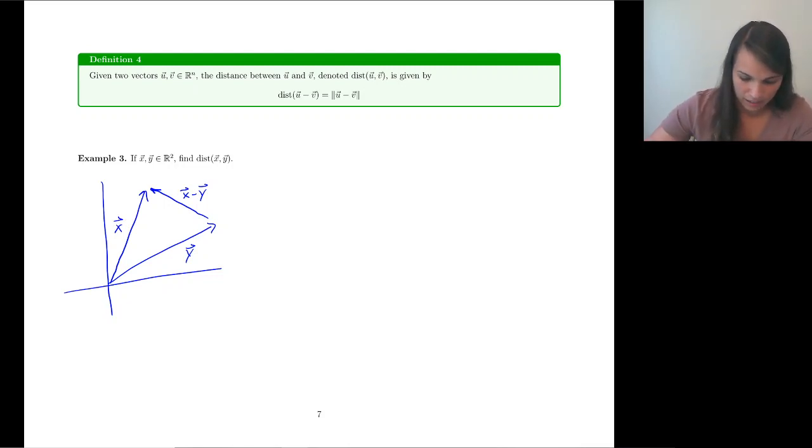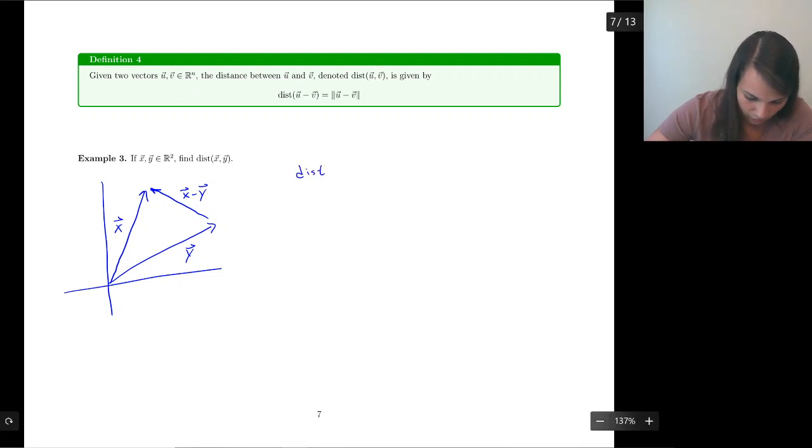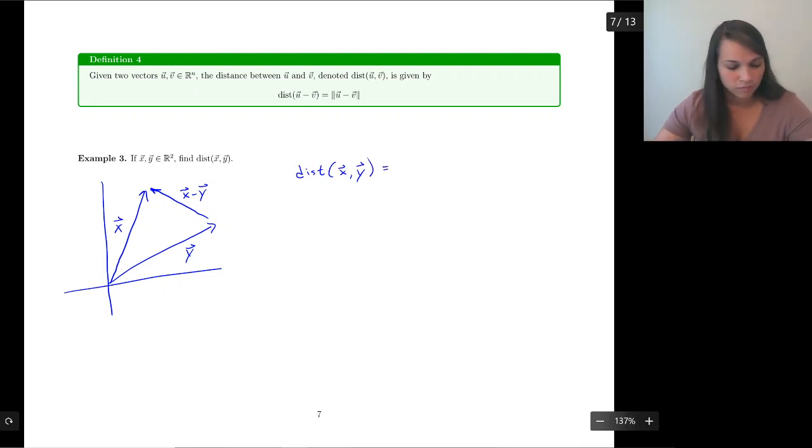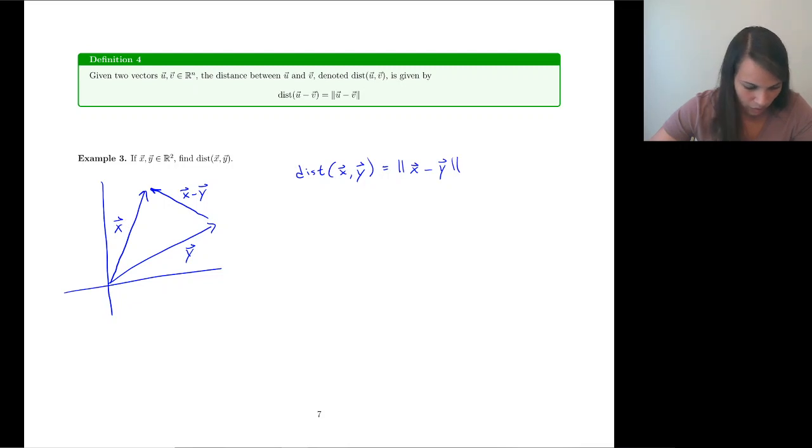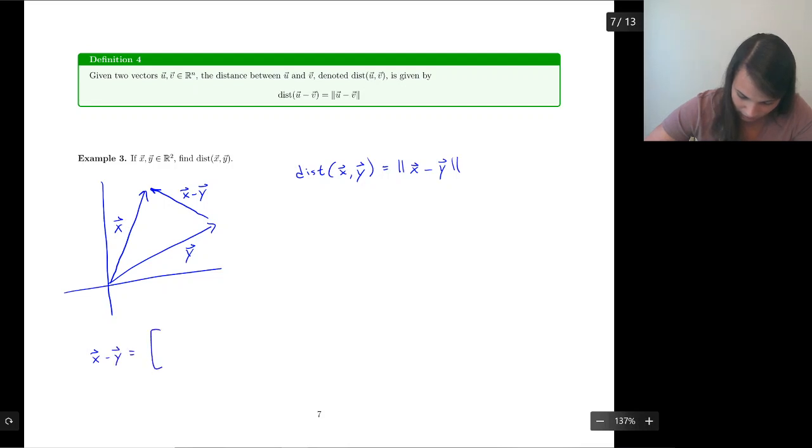Let's calculate this out. What do we get? If we do the distance between x and y for some general vectors in R2, that's just this. And then we know what x minus y is. We're going to write it like this, just a general x1 entry and a general y1 entry. There we go.